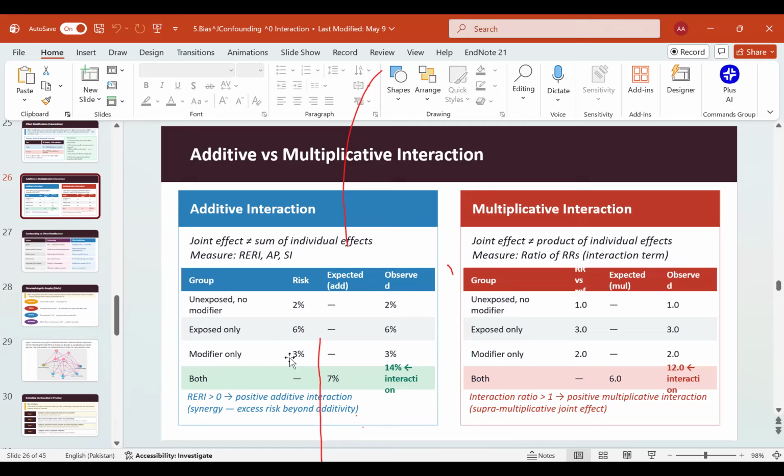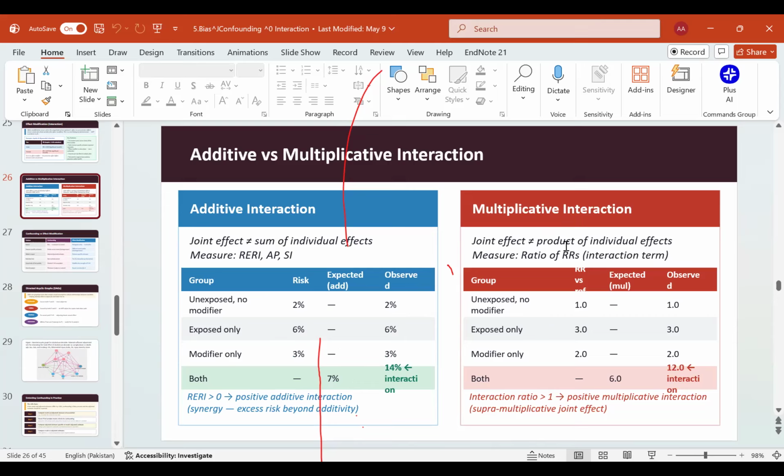In modifier only, the risk is 3%, and observed is also 3%. But in both, the risk comes out to be 7%, which is more than the sum. So RERI more than 0 is positive additive interaction.